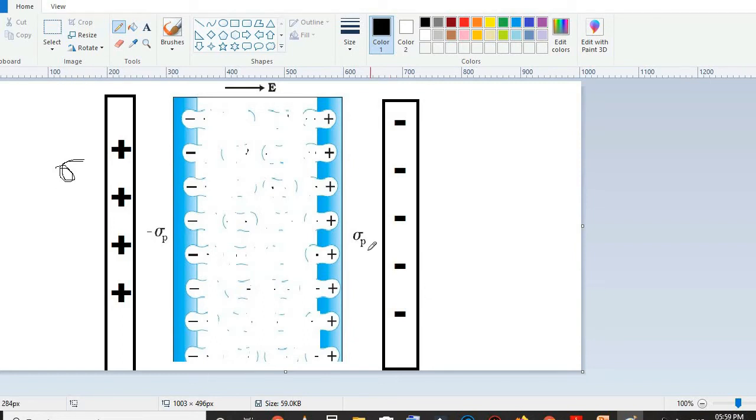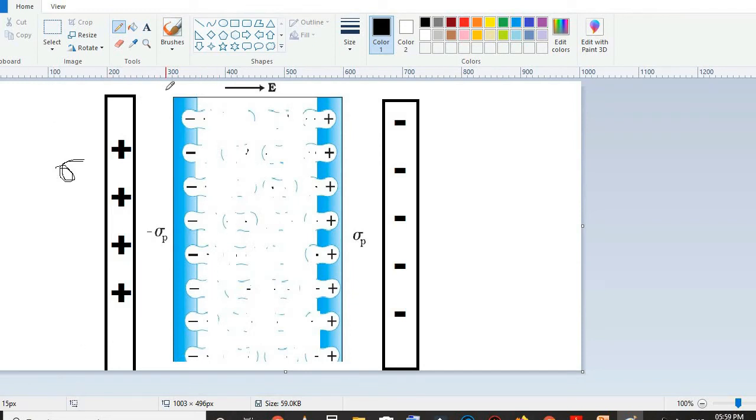Sigma P is the surface charge density of the dielectric medium. P represents that the surface charge is produced because of the polarization. As it is a negative charge, it is minus sigma P.